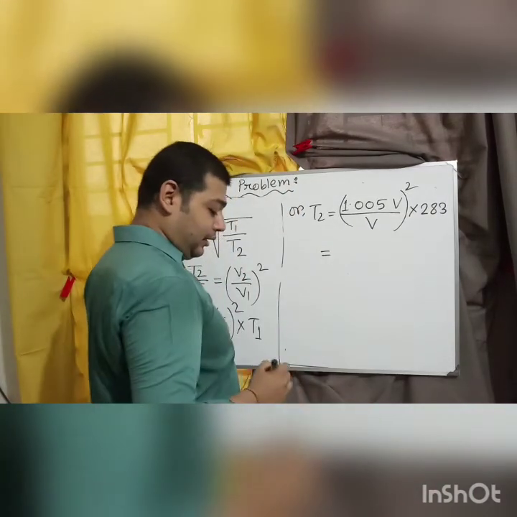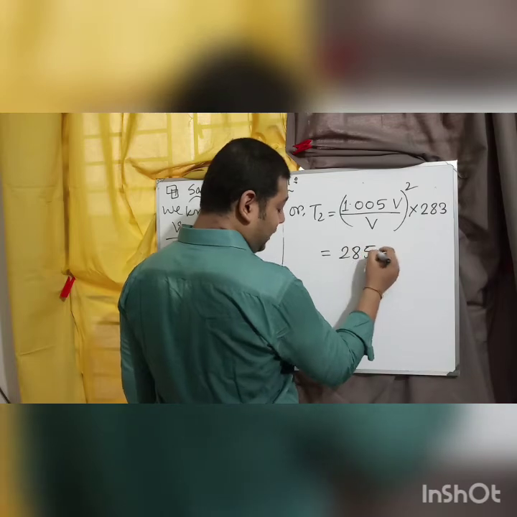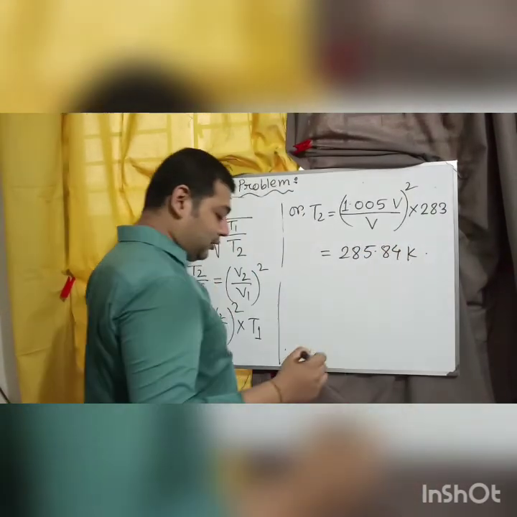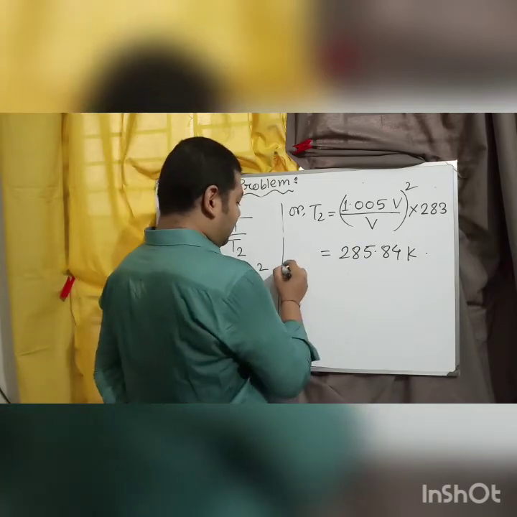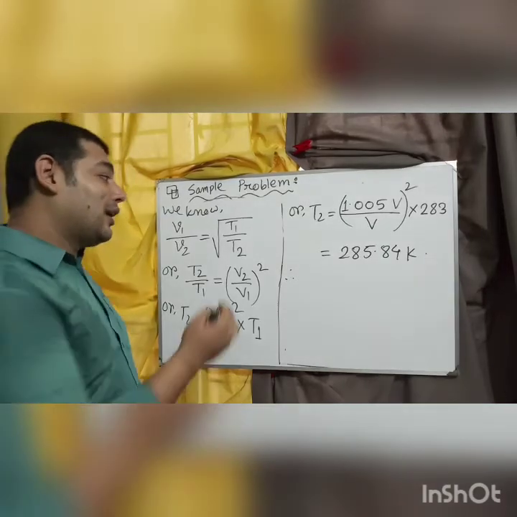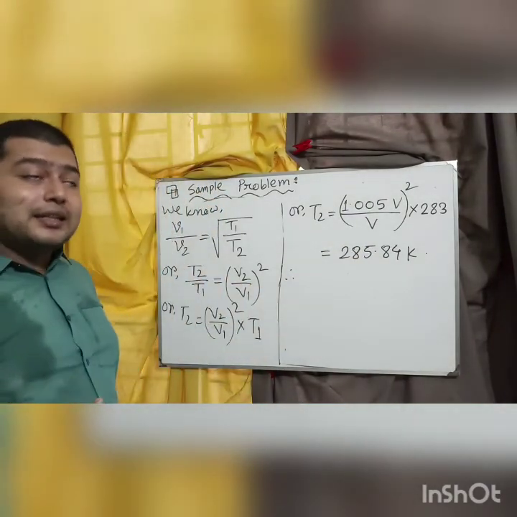Then by calculating we get 285.84 Kelvin. In our question we are given the unit in degrees Celsius, so again we need to convert it to degrees Celsius.